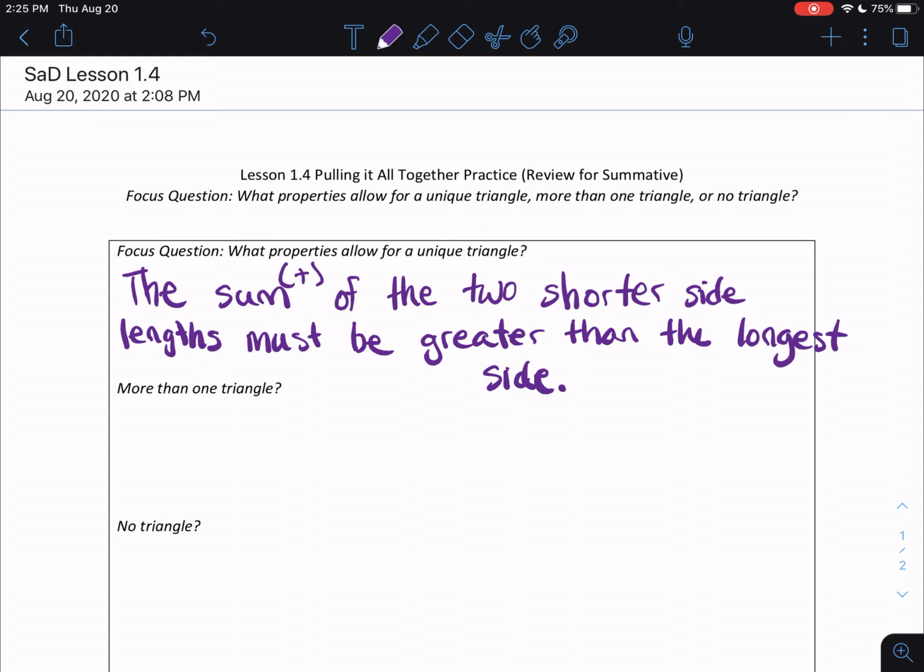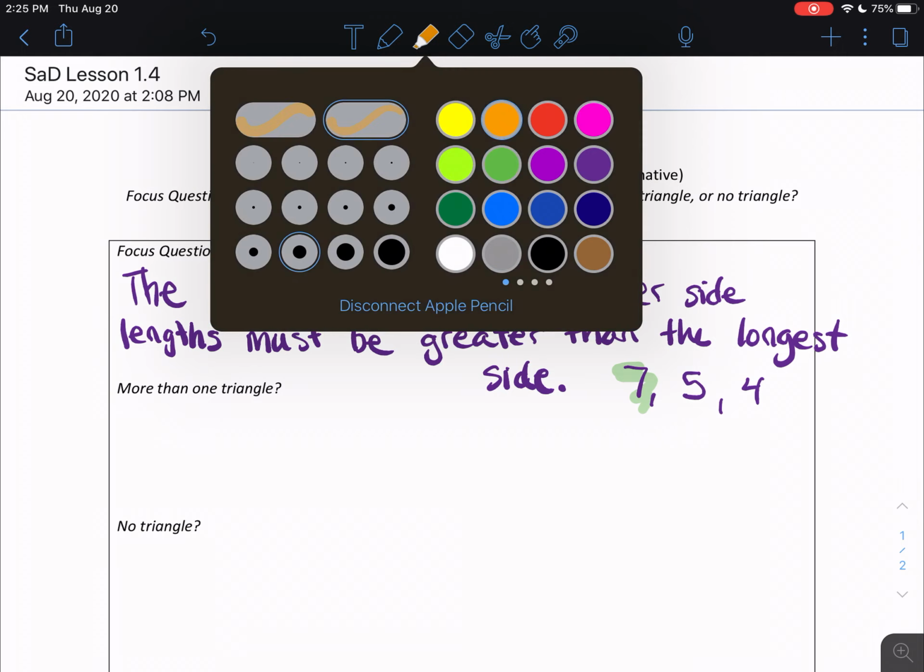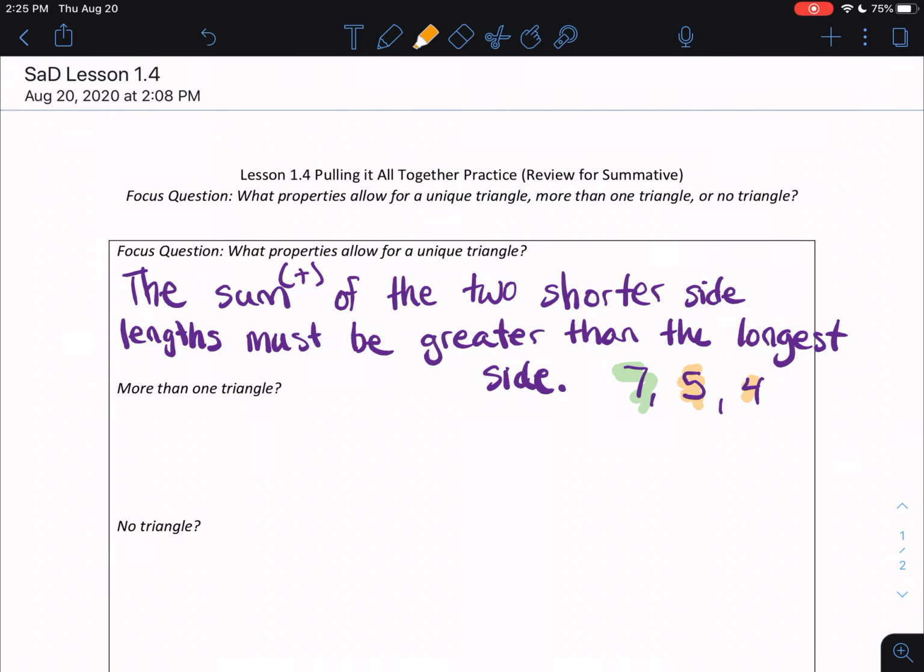An example of that would be 7, 5, and 4. So 7 is clearly the longest of those three. 5 plus 4, when you add those two together, you get 9, which is bigger than 7.